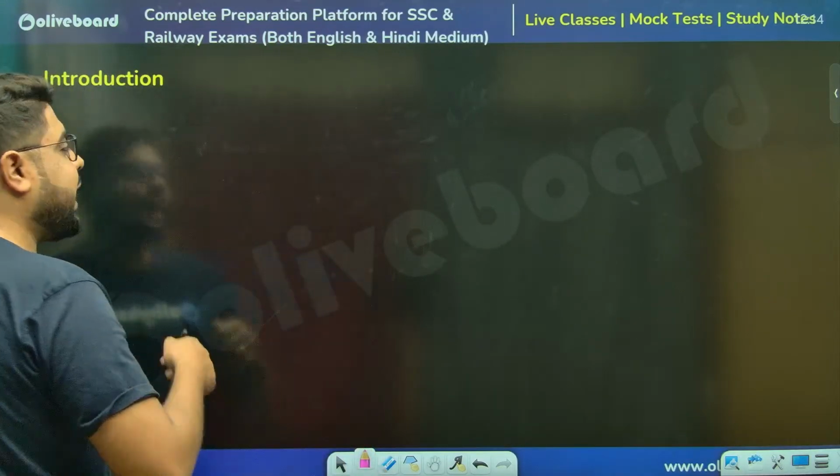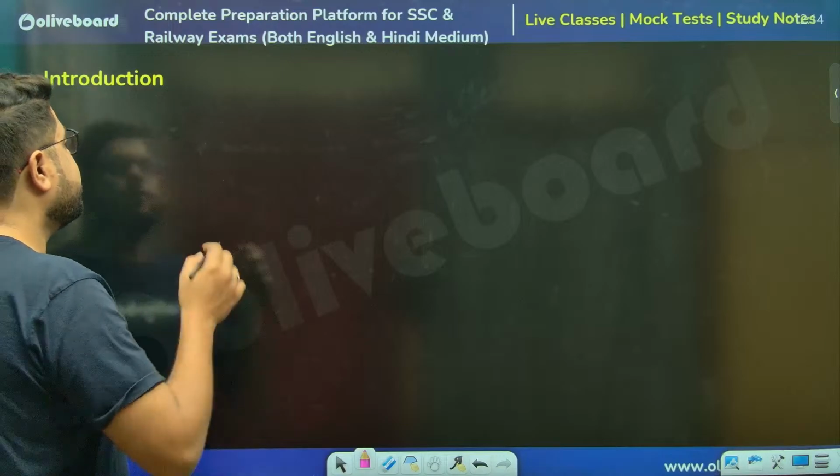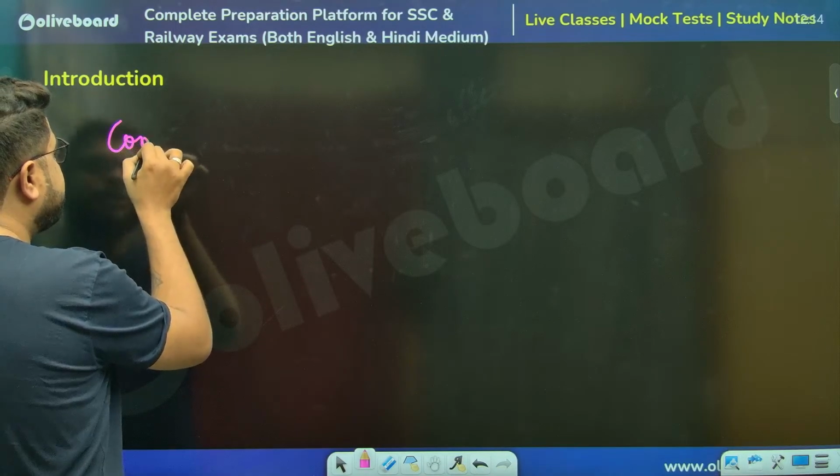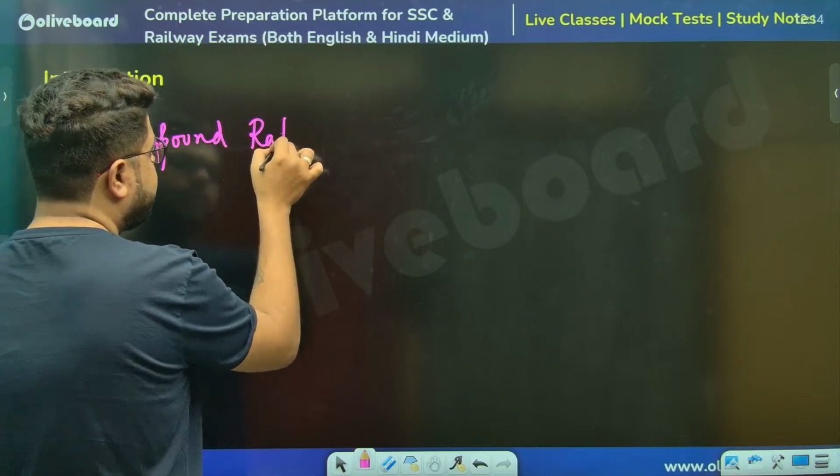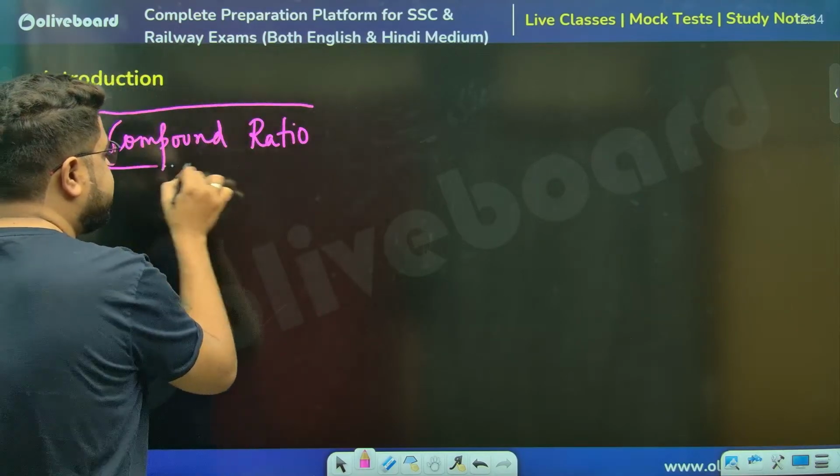Now, types of ratios that we'll need. First type is compound ratio. Very important. We'll need this concept.